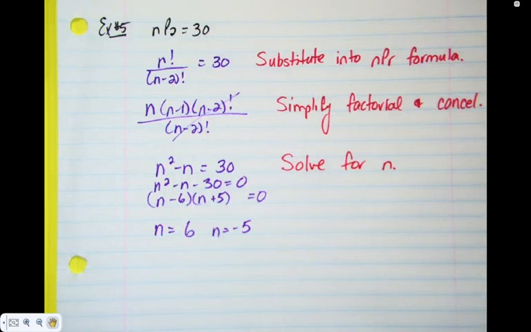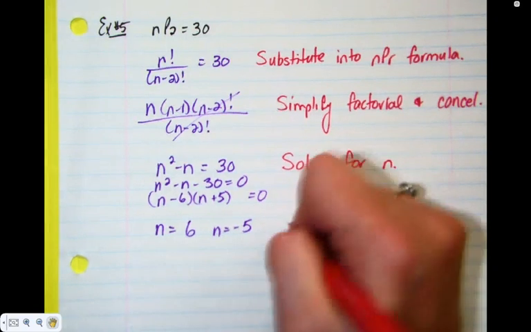Cool, thanks. What does n represent in the formula? Number of. Go back and look at the formula where n equals. Number of objects. Can you have negative 5 people? Negative 5 songs, negative 5 books, negative 5 values.